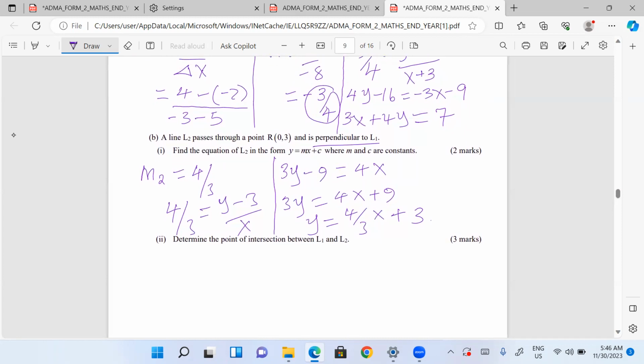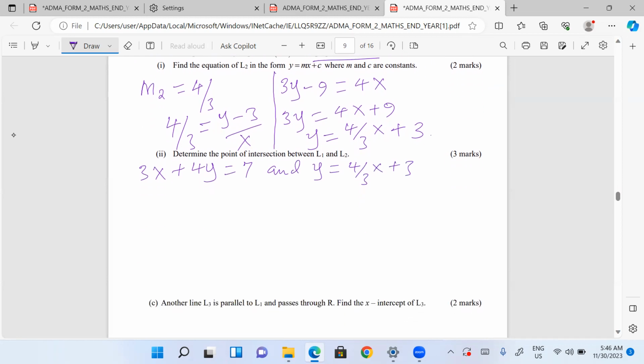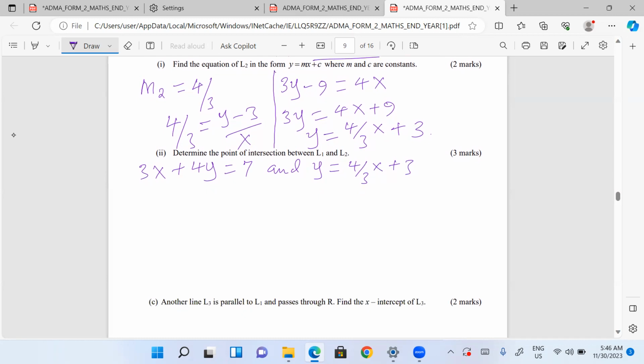Therefore, the equation 3x plus 4y equals 7 and y equals 4 over 3x plus 3. When I solve these two simultaneously, I'll be able to get the point of intersection for the two lines.